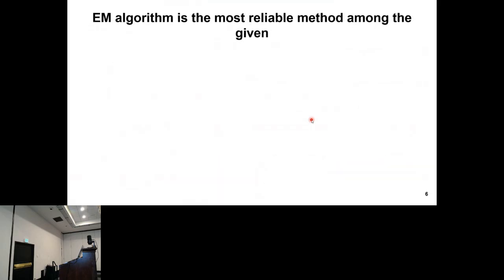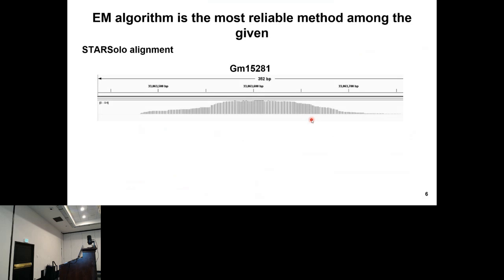So for aligning our data to the reference genome, we used StarSolo tool, which has 4 different algorithms for MMR handling implemented in it. And based on the sequence coverage uniformity, we decided to choose expectation maximization, or EM, algorithm for handling multi-mapped reads.